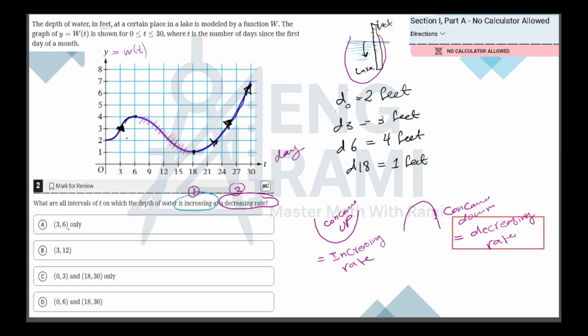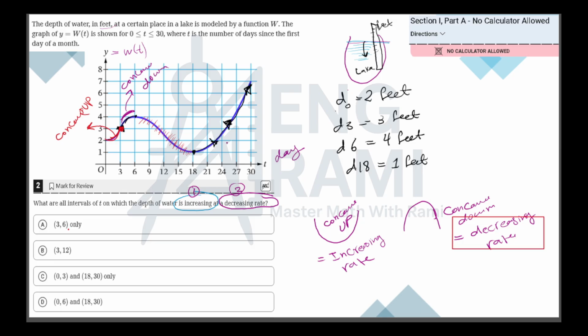Let us look at our choices. From 0 to 3, this interval is concave up. And here, this is increasing and concave down.